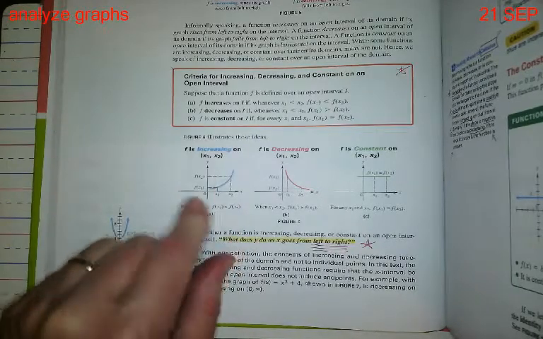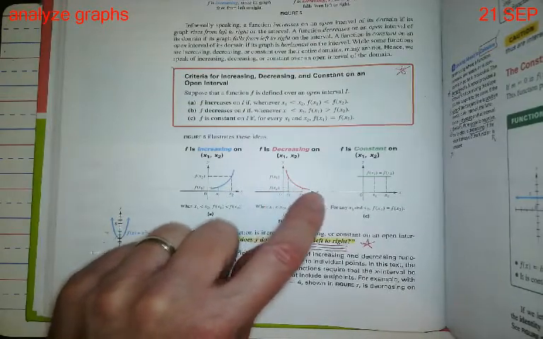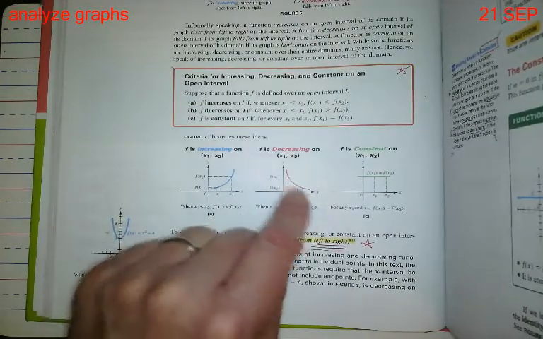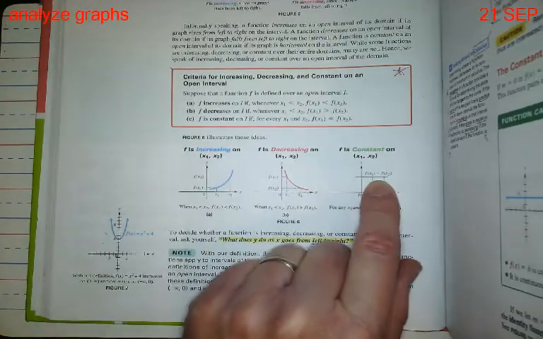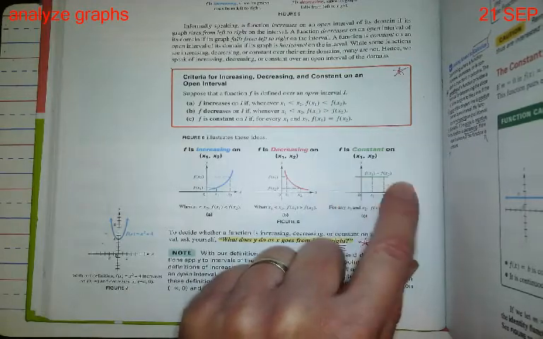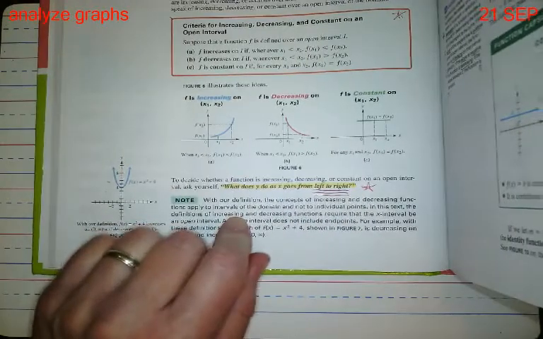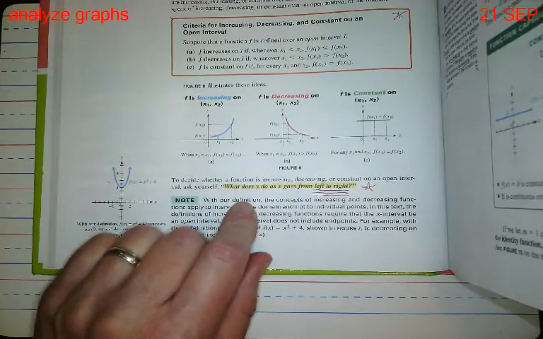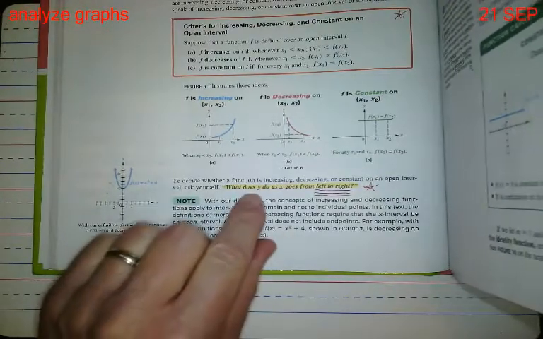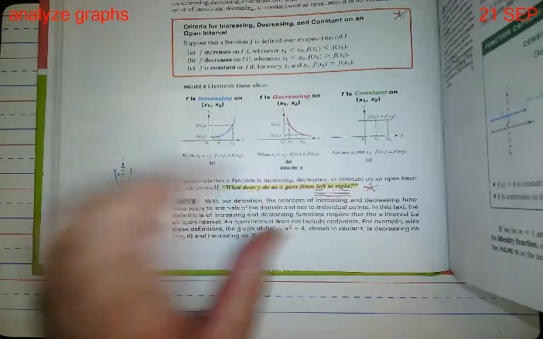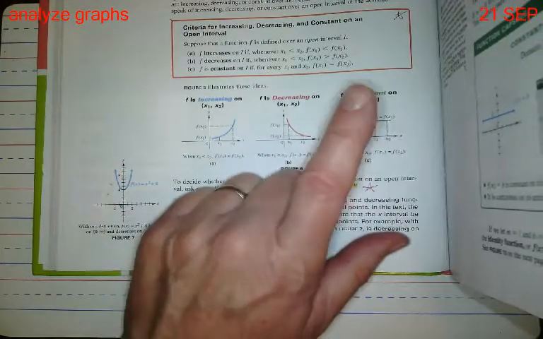So this one's increasing. When the x gets bigger, because we're going this way, 1, 2, 3, 4, 5, 6, the y is getting smaller. That's decreasing. And then constant is where it doesn't go up or down. So that makes sense. That's obvious. So when you're answering this question, you're telling me what x numbers can I pick so that the y goes up, or that the y goes down, or that the y stays constant.